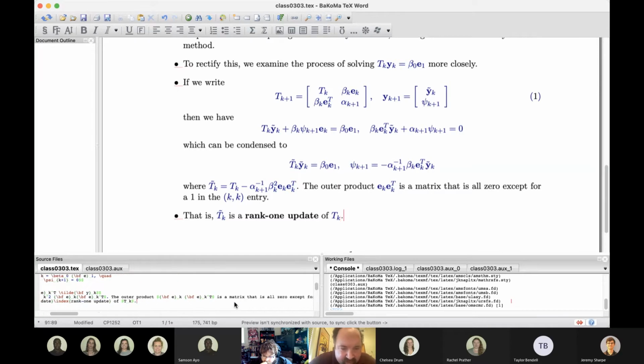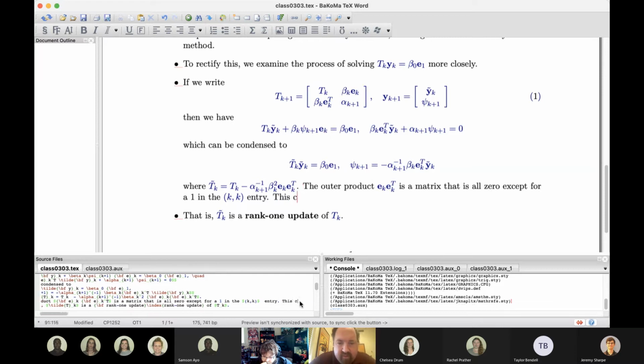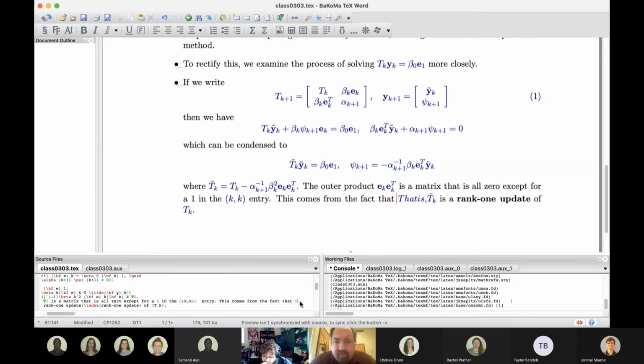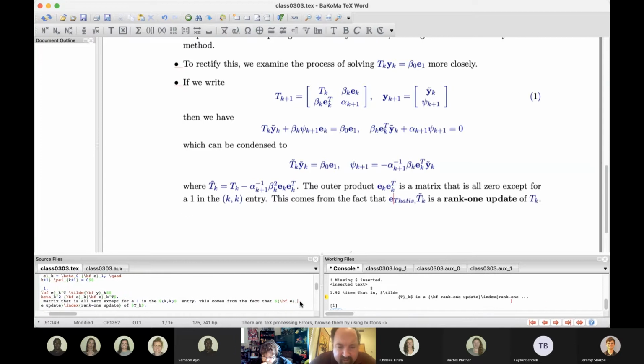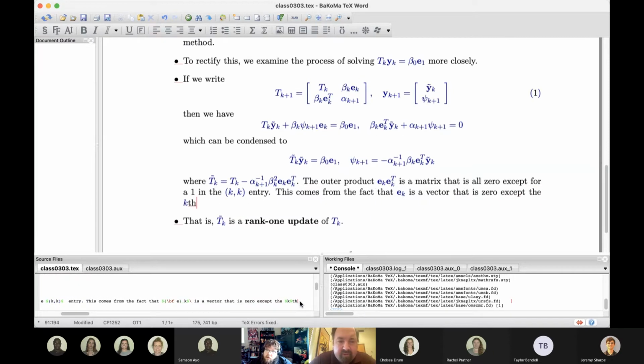Okay, I'll fill in a little more detail here for what I've been saying, that the vector ek is a vector that is 0, except the k or last component is 1.